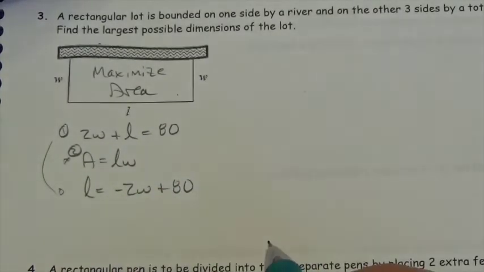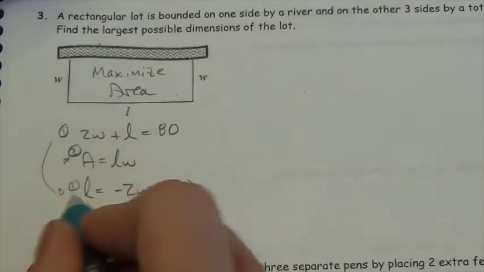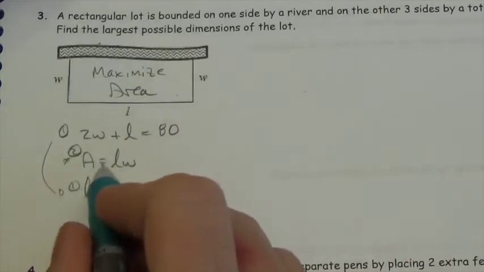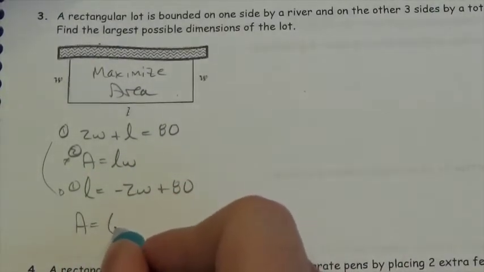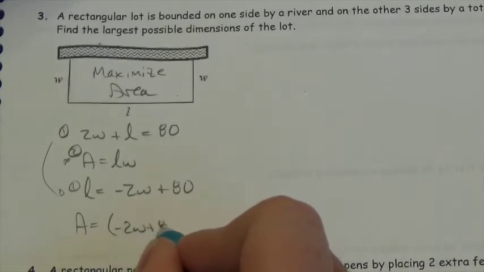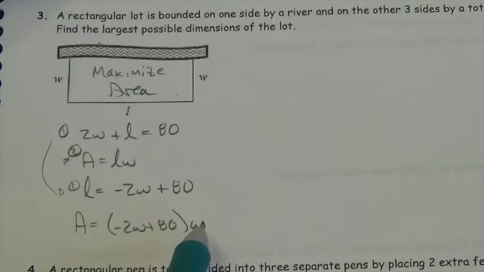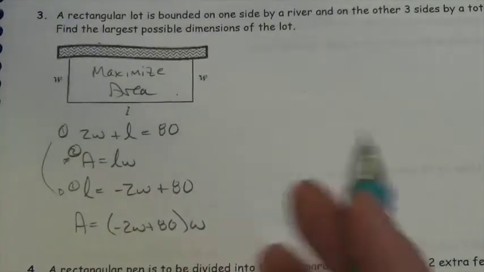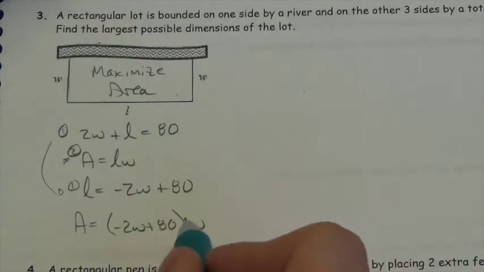I'm just going to bring that 2W term over to the other side. Now I'm going to take this new expression for equation 1 and substitute it into my area equation. So area is going to equal -2W plus 80, all in parentheses, times W, because remember, that W is being multiplied by L. All of L, whatever L represents, that's what I'm multiplying W by.